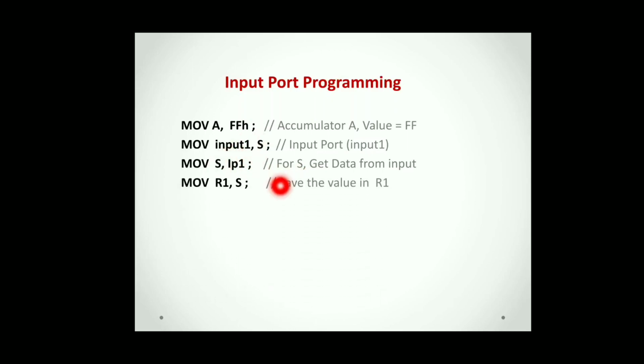Then here is a register, so save the value into R1. R1 is one of the registers, so whatever input has been given is passed here, and then passed here, and also here. Once this task is done, there will be a delay of some milliseconds.